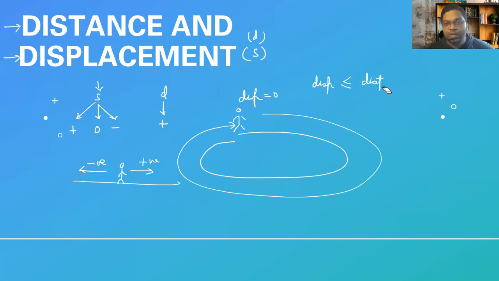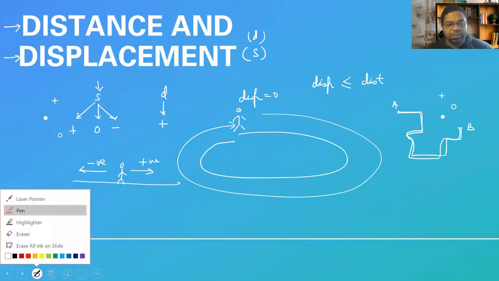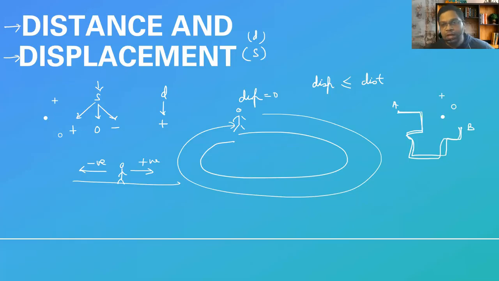Another point is that displacement will be less than or equal to distance always. Less than means what? Suppose you are here, you travel like this and you reach a point B. So this whole length is the distance that you have traveled, and displacement will be the starting point and the end point.